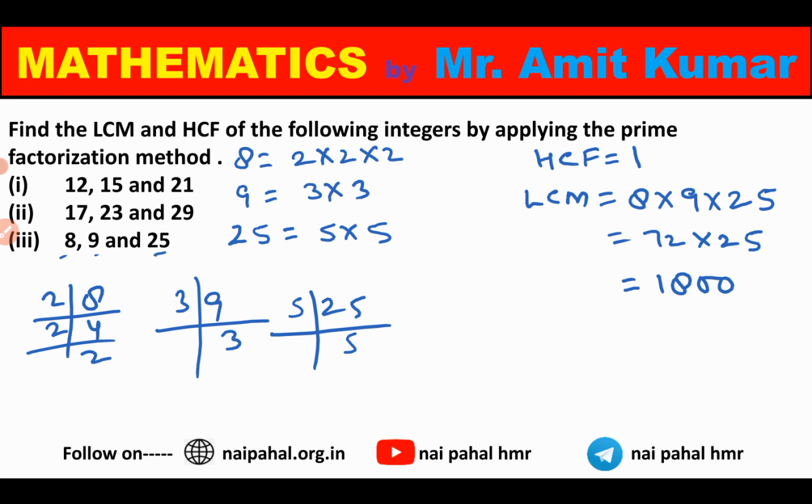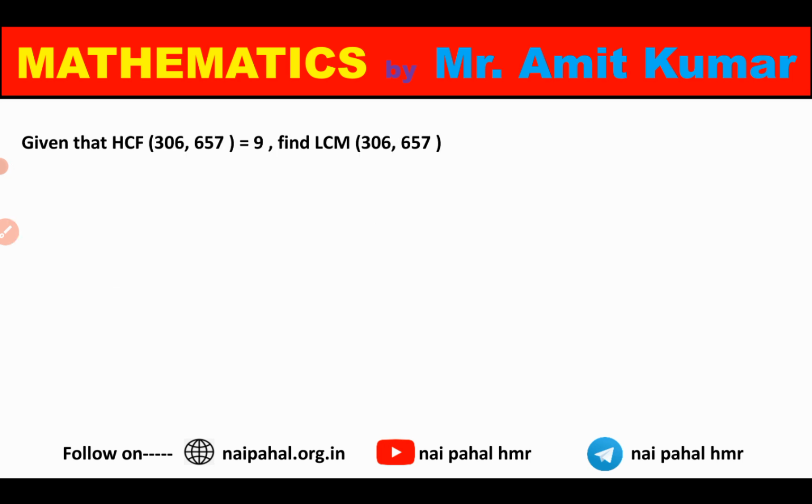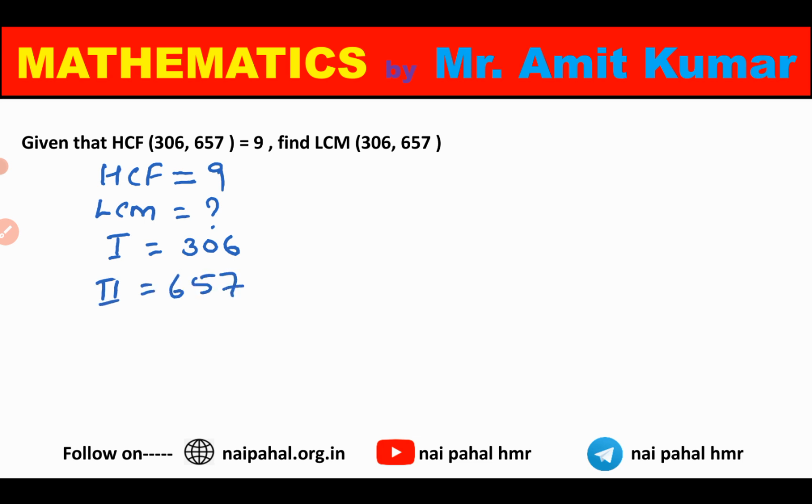Now let's move on to the next part, where we are given the numbers 306 and 657. HCF is given as 9 and LCM is the question mark. The first number is 306, the second number is 657.